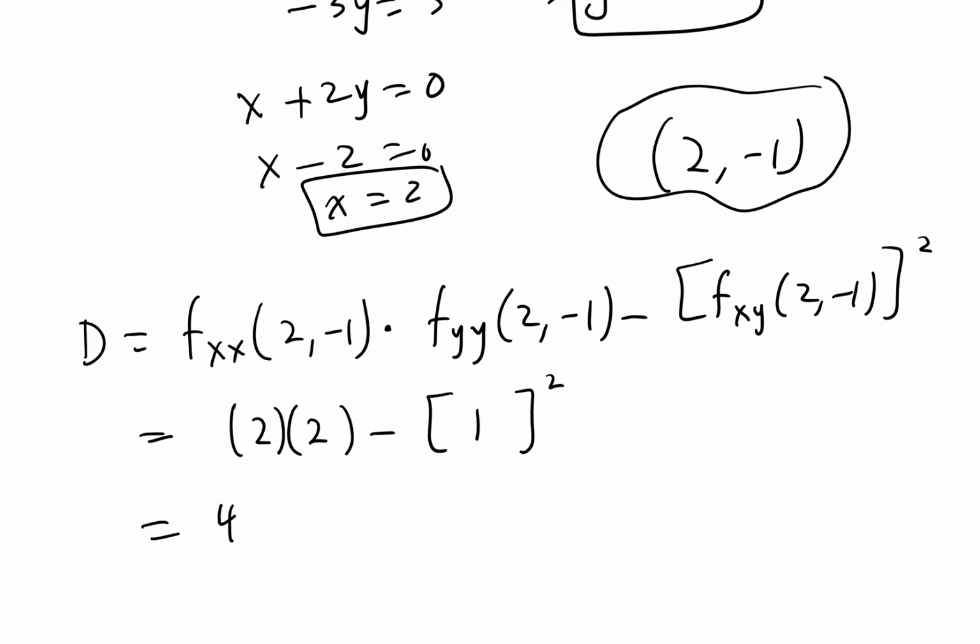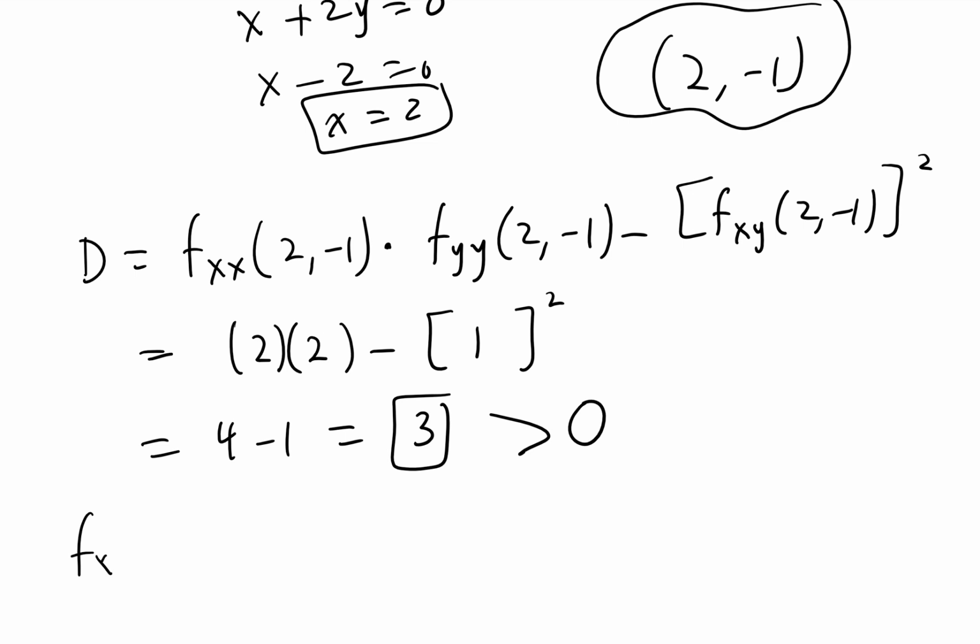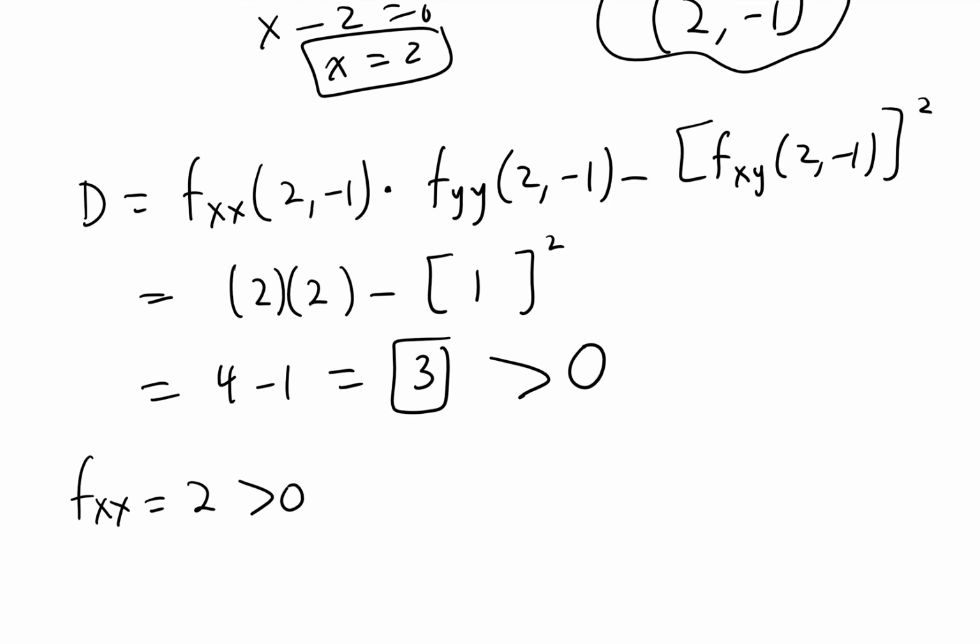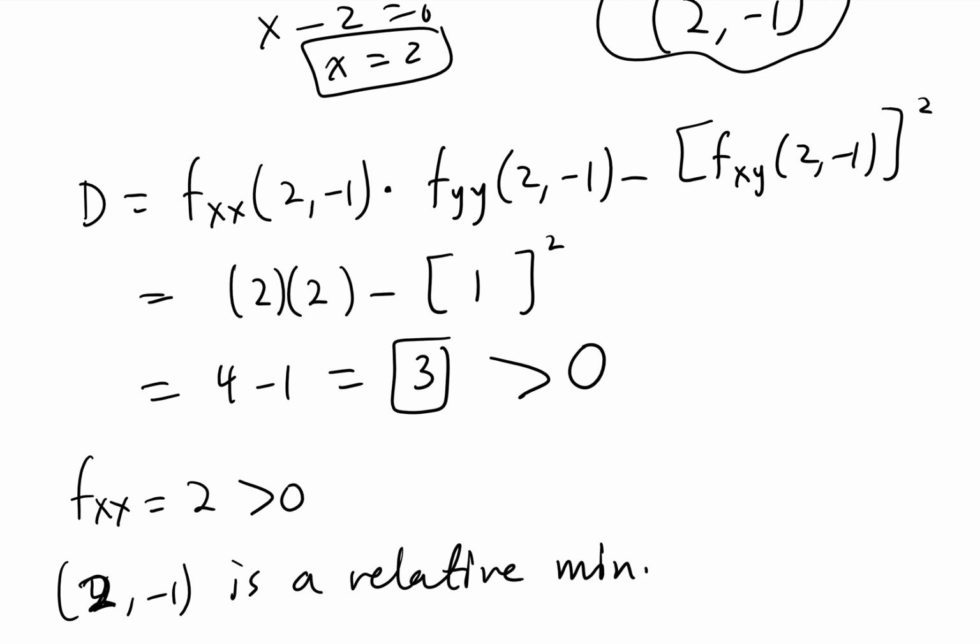So that gives us 4 minus 1, which is 3. Notice it's bigger than 0. If it's bigger than 0, we need to look at fxx. Again, fxx is 2. It's also bigger than 0. So that tells us the point (2, -1) is a relative min by the D test.